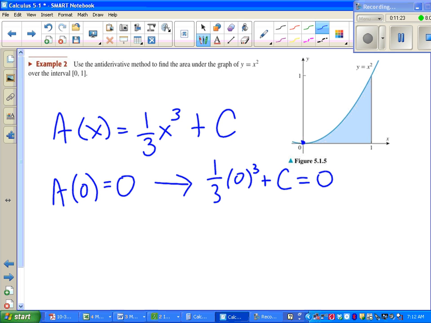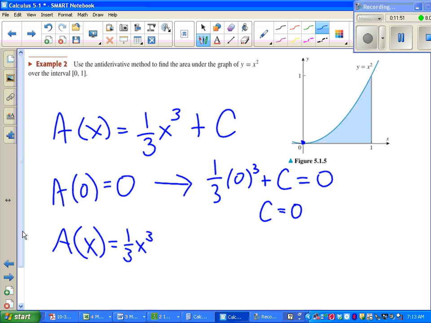Zero cubed is 0, times 1/3 is 0, so c has to equal 0. Now, c will not always equal 0, but in this particular case, c does equal 0. We'll spend a lot more time later in this chapter figuring out what c has to be in various functions. But for now, it looks like our area is just 1/3 x cubed plus 0, but we don't have to write plus 0.